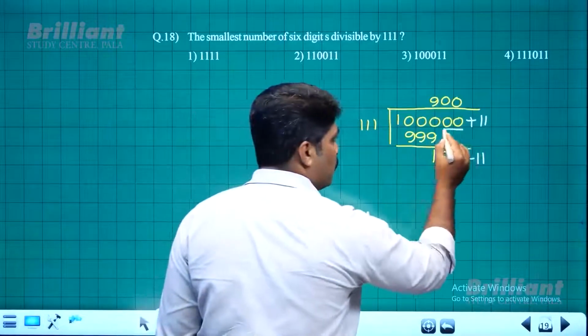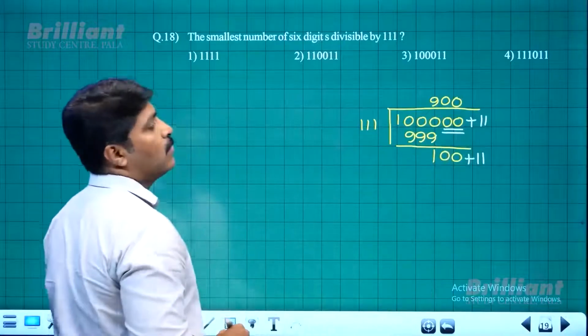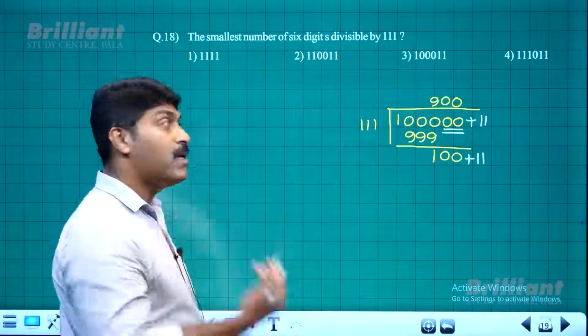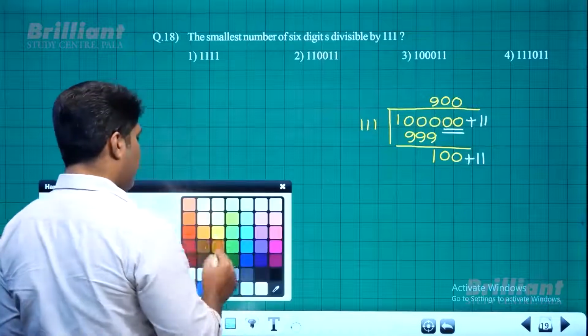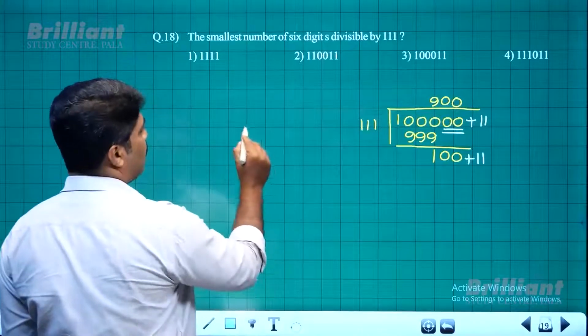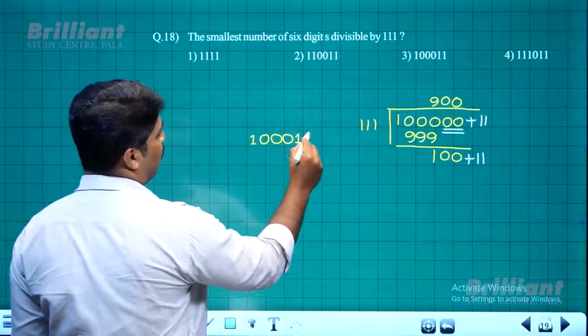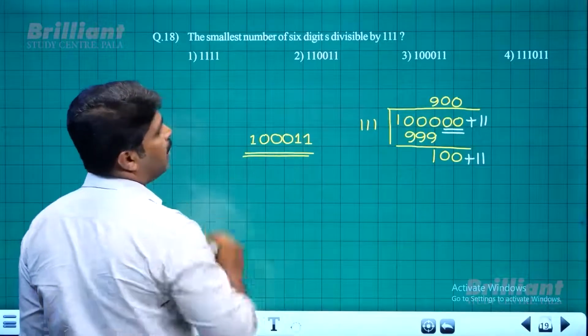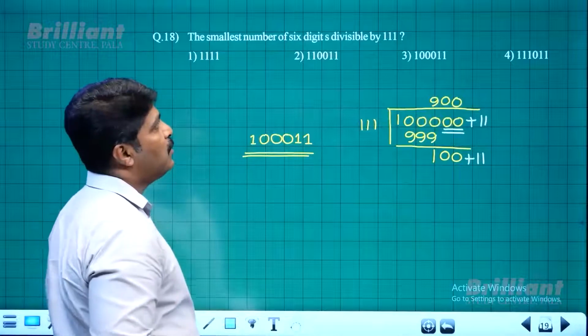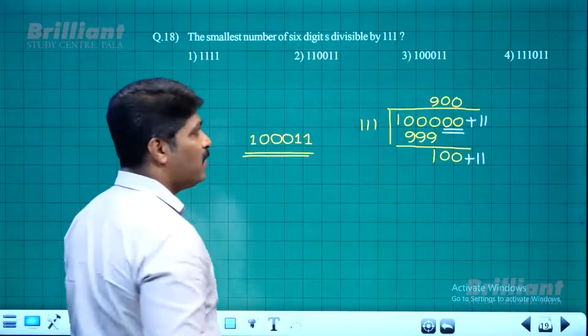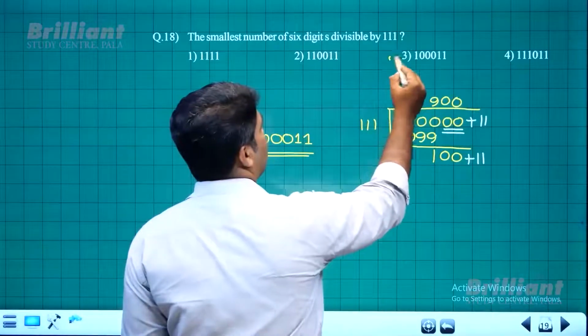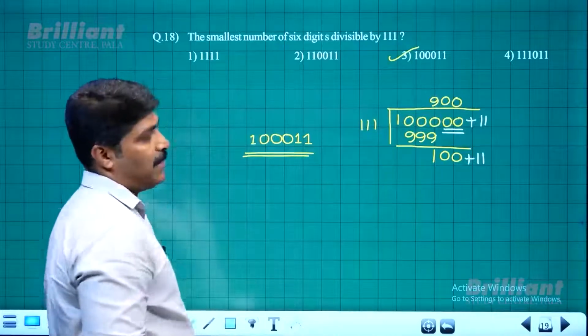Instead of these 2 zeros, we have to consider those 2 ones there. So that's equal to 1 0 0 0 1 1. So this should be the least 6 digit multiple of 111. And the answer is option 3.